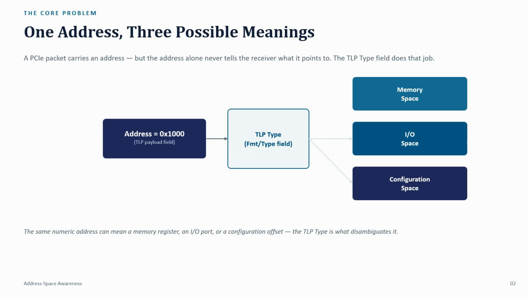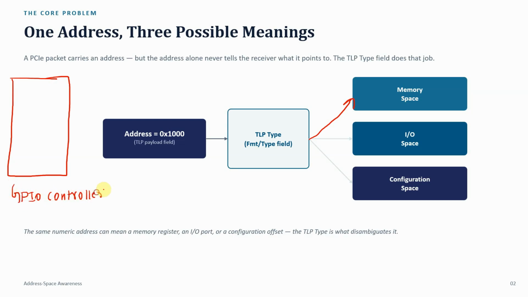Now, coming to the different kinds of address spaces, first of all, let us try to understand what different kinds of address spaces we are going to have. Assume I have a simple GPIO controller. This GPIO controller is going to have different internal registers, let's say a data register, a direction register, and an alternate function register.